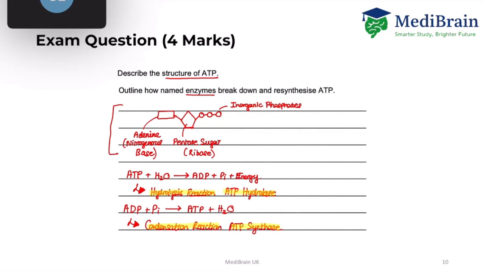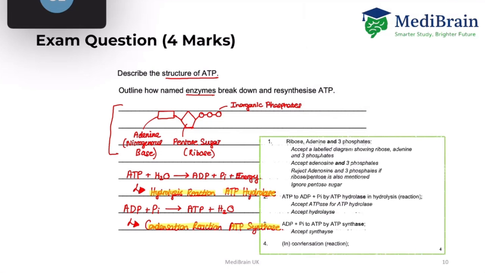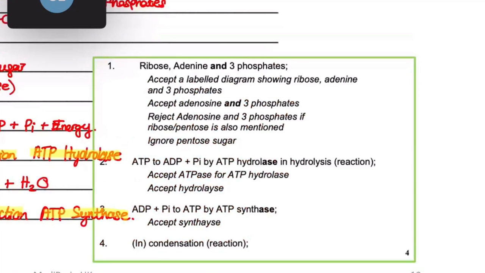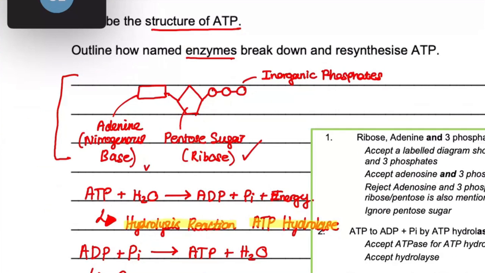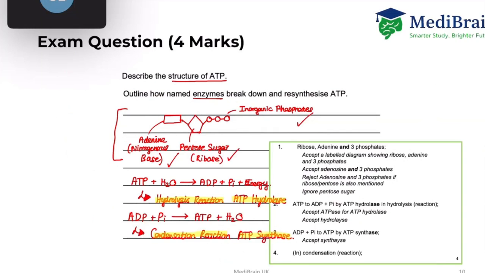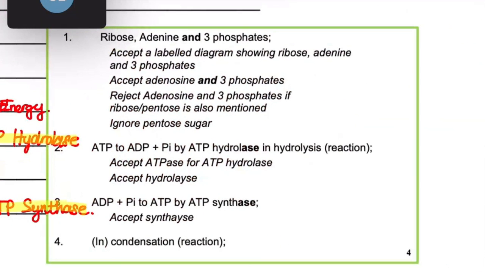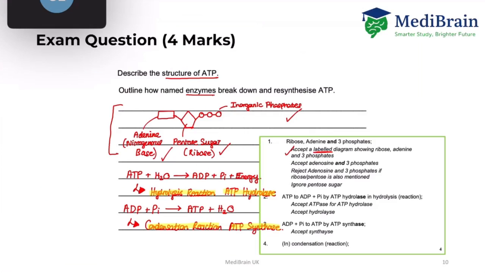Now if I show you the mark scheme for this question: ribose, adenine, and 3 phosphates. So we've got ribose, adenine, and 3 inorganic phosphates. It does say accept a labeled diagram showing ribose, adenine, and 3 phosphates. It says label, that's why you need to label your diagram.